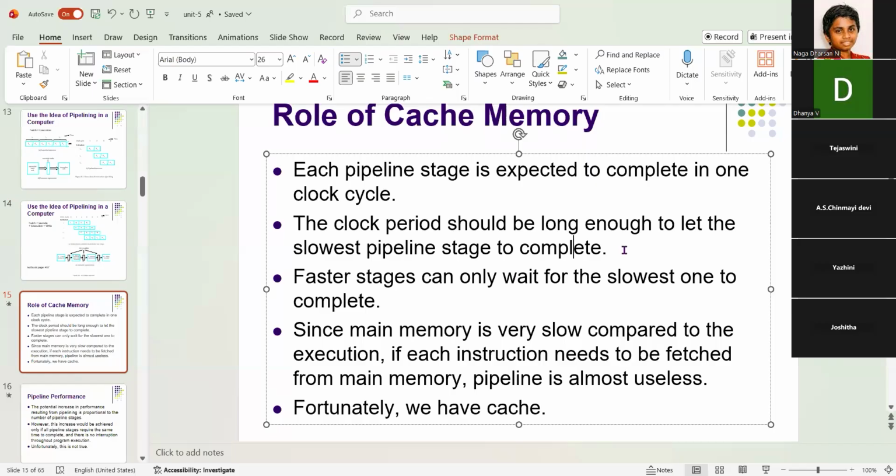We studied in DD, right? The clock cycle is like a square wave, and you need to wait long enough so that even the slowest pipelining stage also gets completed. Okay.